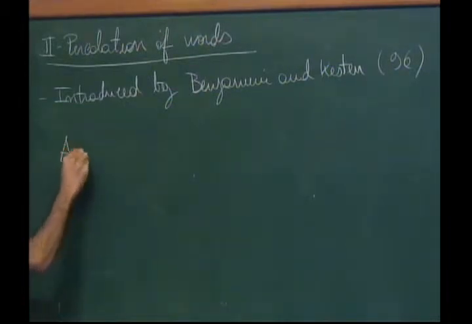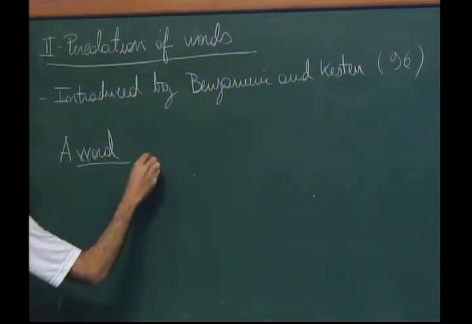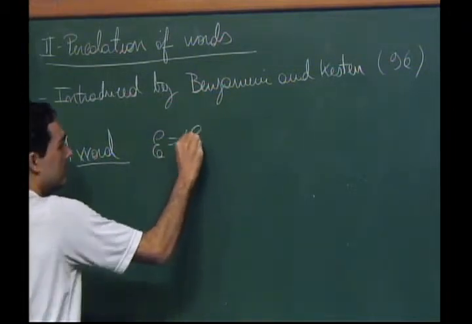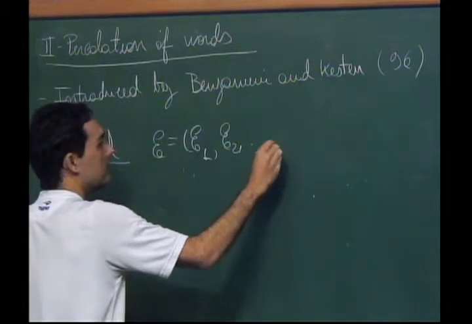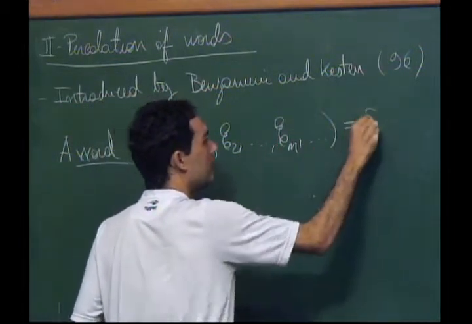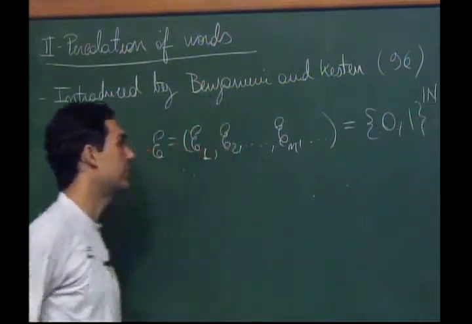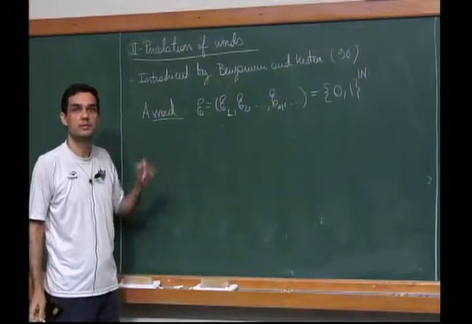A word, for me, is a binary sequence. It's a semi-infinite binary sequence, a sequence of zeros and ones. Okay? This is a word.